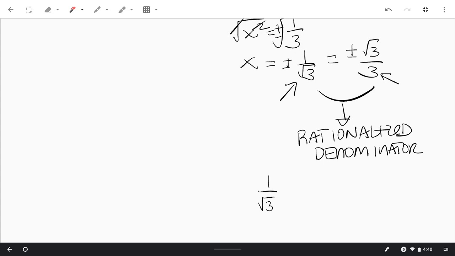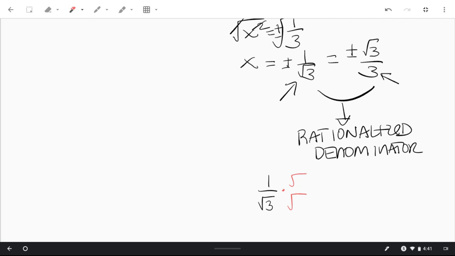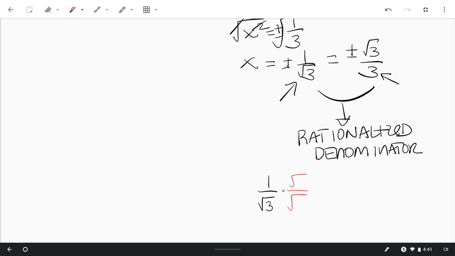All right, so what I want to do is turn that 3 into a number that's a perfect square. If I can turn that into a 9, that would be great. So that's what I'll do. I am going to multiply by 1, but 1 written in the form of a number over itself. I'm trying to make that bottom a perfect square, so I'm going to try to make it square root 9 instead. So I'm going to multiply by square root 3 over square root 3.